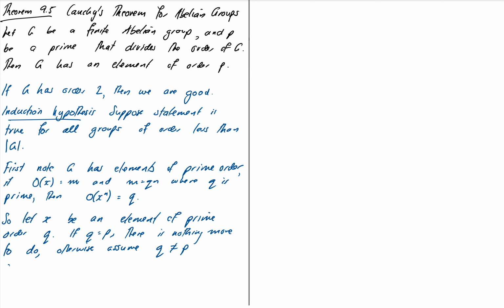So since every subgroup of an abelian group is normal, we're going to define a factor group, G bar, to be G quotient the cyclic subgroup generated by X.